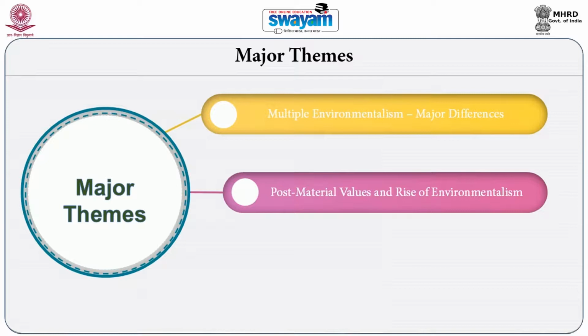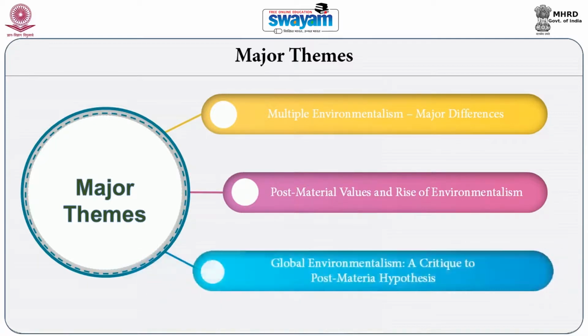And in the third part, we will discuss global environmentalism as a critique of the post-material hypothesis, where we will discuss whether the post-material hypothesis can be considered a causal factor for the emergence of environmentalism in the developing or third world societies.